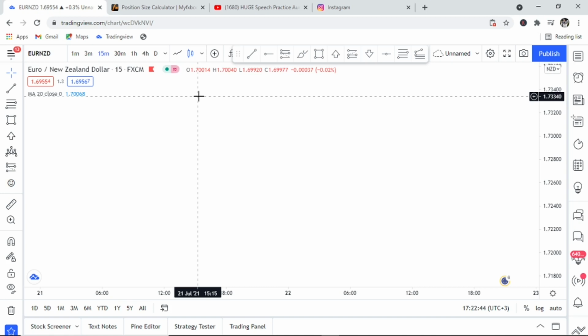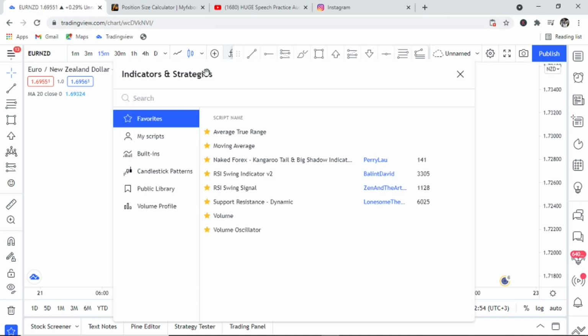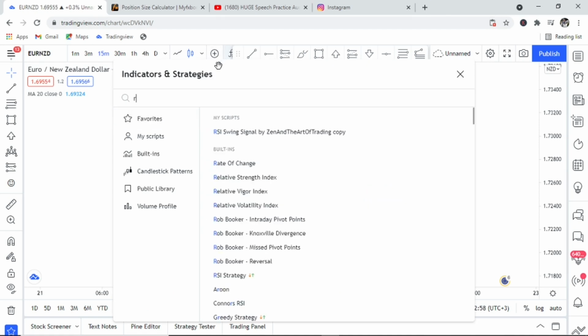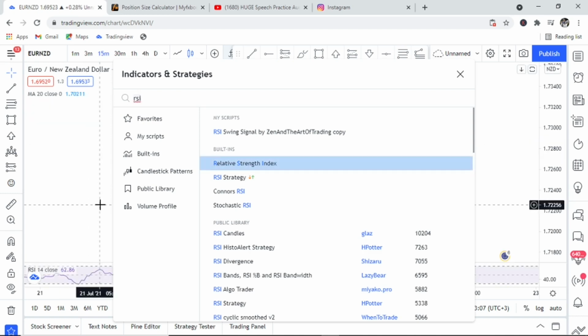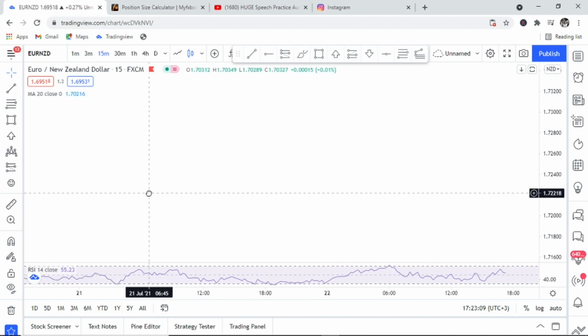So the RSI, how do we use the RSI to filter out the losing trades? Let me just put it on the chart. In order to locate the RSI, just come to the indicators button and type RSI, and it's going to show up as the Relative Strength Index. Click on it and it will be applied on the chart. So here we have the RSI.